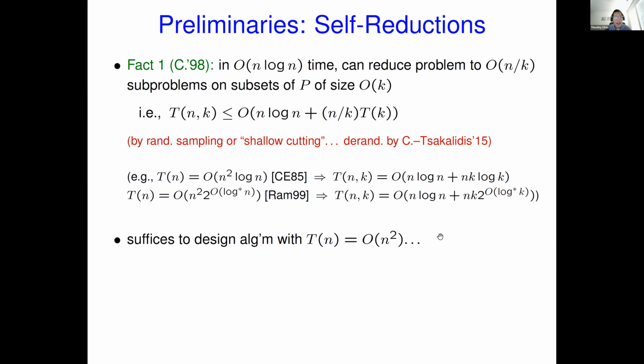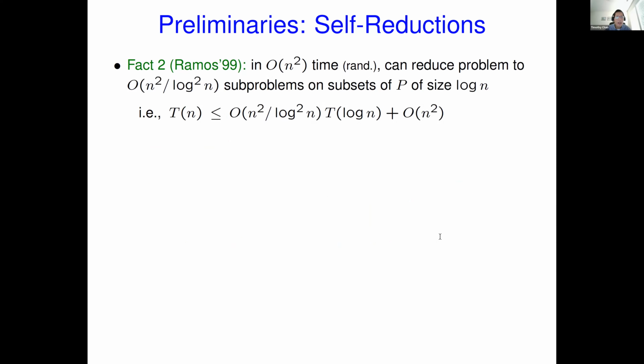Okay, so that's fact number one. Here's an even more important fact due to Ramos, and it's a self-reduction. It says that in n squared time, you can reduce our problem, order k Voronoi diagram, to n squared over log squared n instances of size log n.